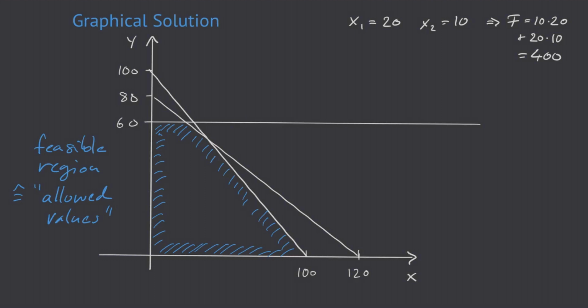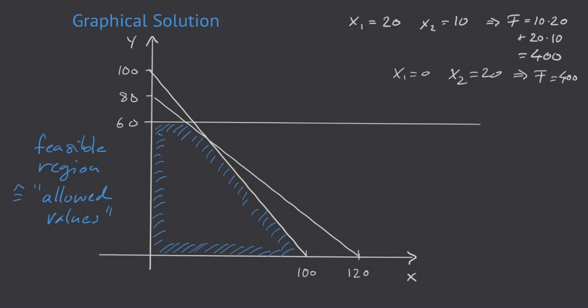Or actually, there are several possibilities to get a value of 400. Another possibility would be to say, if we produce x1 0 and x2 20, that would also lead to f equal to 400. So there are different possibilities to get a profit of 400. So where are those different values is the question now.